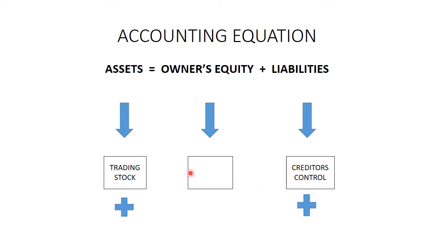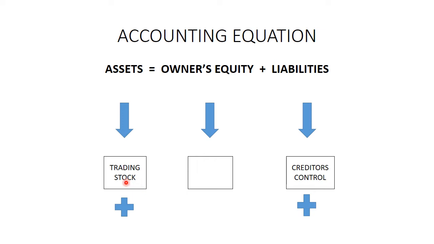Now, here we bought goods on credit, meaning that the bank is not affected, therefore cash is not affected. But by buying trading stock on credit, the first account that will be affected is trading stock under assets, simply because we now have more trading stock than what we had previously.